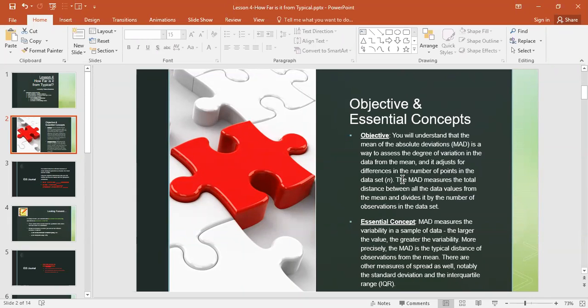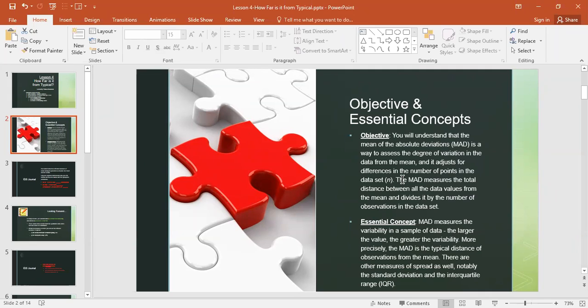Okay. It adjusts for differences in the number of points in our data set. So the number of data points or observations that we have in our data set definitely affect our MAD value. Okay. The MAD measures the total distance between all the data values from the mean and divides it by the number of the observations in the data set.